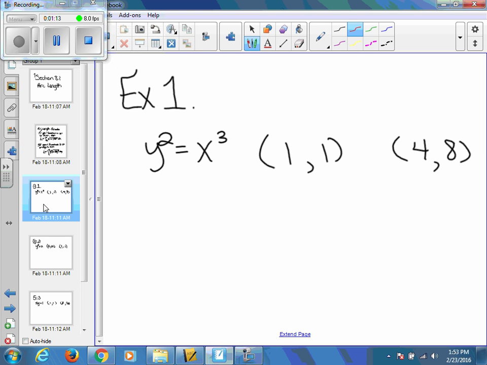So if I look at example 1, given y squared equals x cubed, we must find the arc length from (1, 1) to (4, 8).